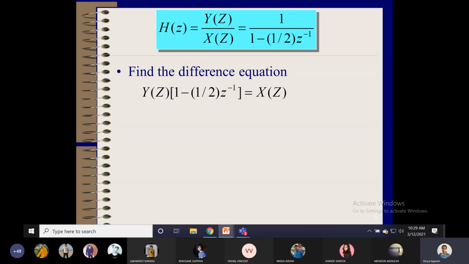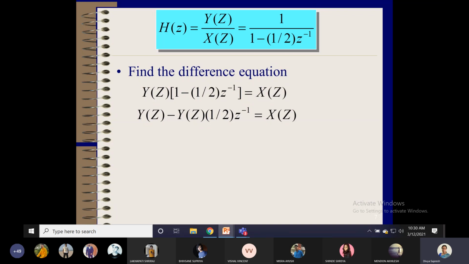After cross multiplying, you will get Y of z into 1 minus half z inverse, which is equal to X of z. Now open the bracket on the left hand side, so Y of z will be coming in two terms. Now the difference equation can be obtained by taking the inverse z transform.